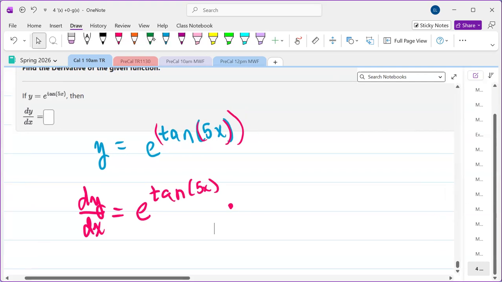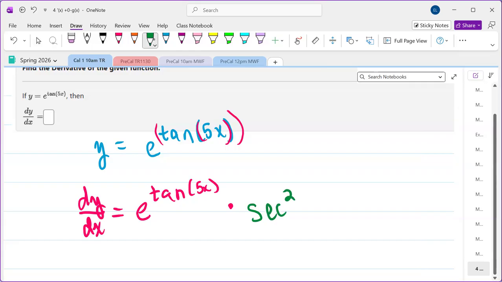Well, the derivative of tangent is secant squared. So we'll have secant squared of thing, times, now we do the derivative of the thing. The derivative of 5x is 5.